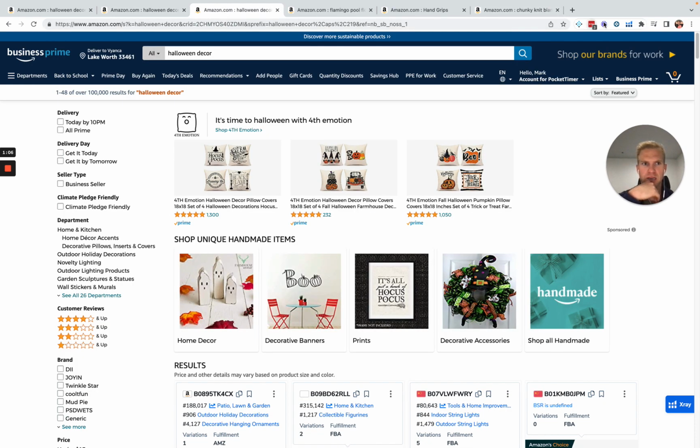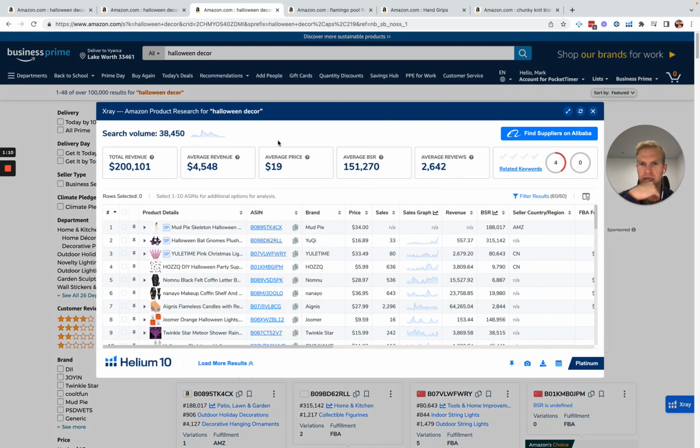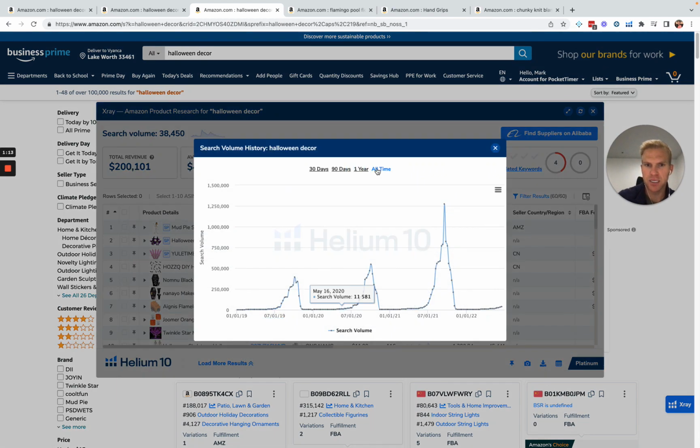Now let's take a look using Helium-10, and we can see a little more all time, okay? So here we go. This is search volume, super low, really peaks, and then it drops down super fast, okay? This last October really peaked. The highest search volume was 1,200,000 people that month searching for this Halloween decor, okay?